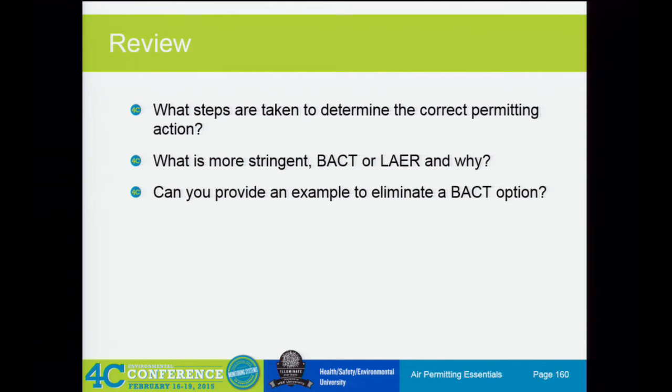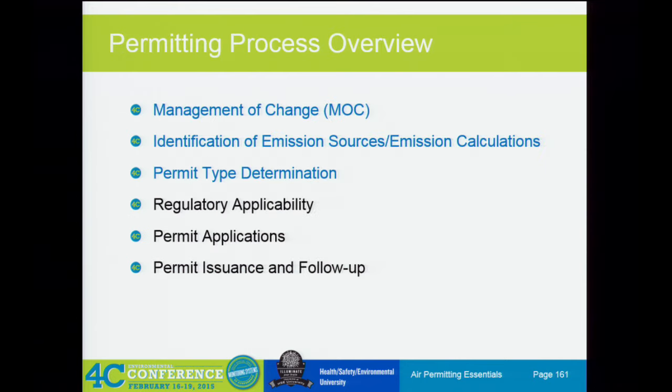What is more stringent, BACT or LAER, and why? LAER. Yes, very good. Can you provide an example to eliminate a BACT option? Economics, correct. How about one more? Environmental impact? Feasibility. Technical feasibility. Very good.